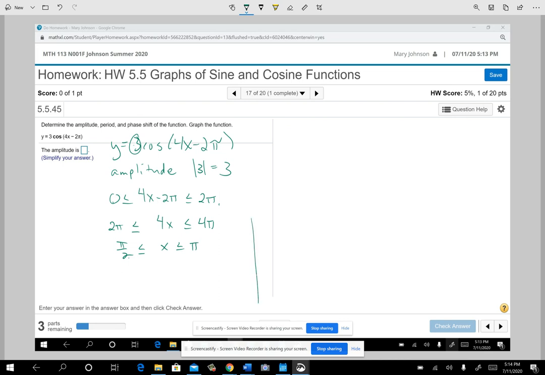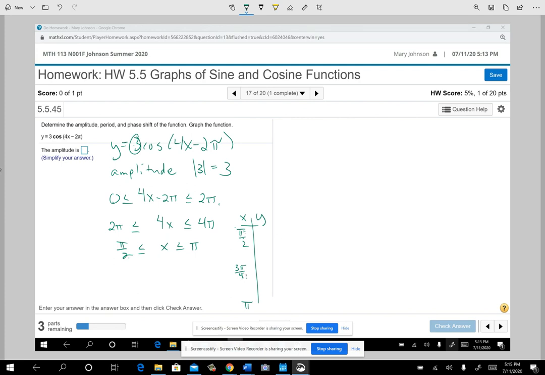So if we were doing it by hand, we were doing these 5 key points. We're starting at pi over 2, we're ending at pi. Okay, halfway between those two would be 3 pi over 4. Okay, and then we would do halfway between these. Right, this is the part that you kind of get away without doing, because it's going to help you with that on your graph. So when we did this part by hand, we added these two, okay, and then divided by 2.